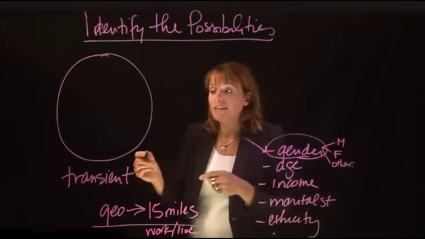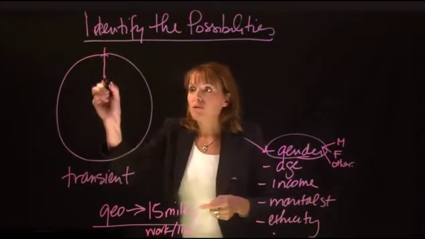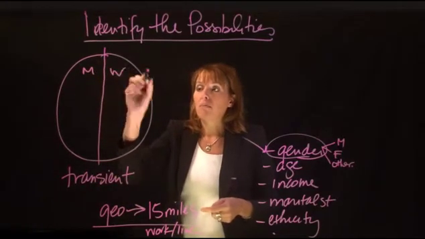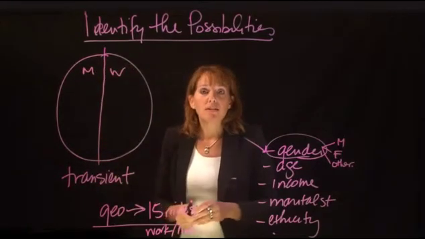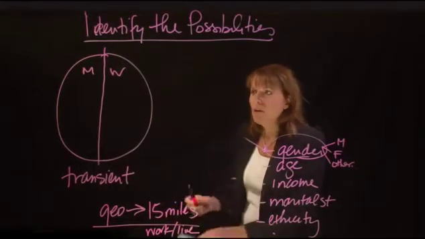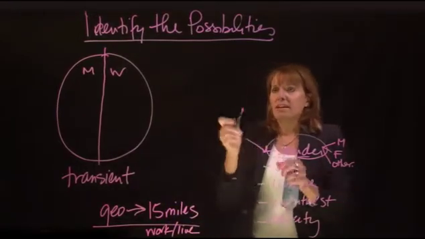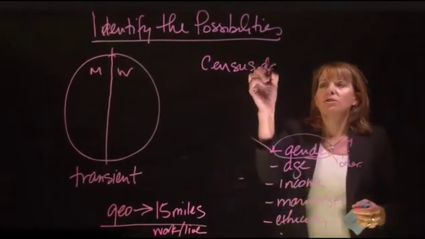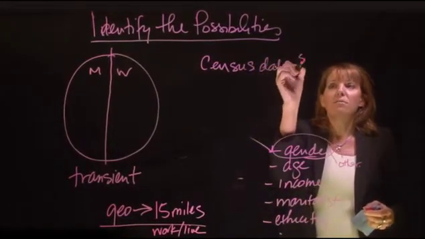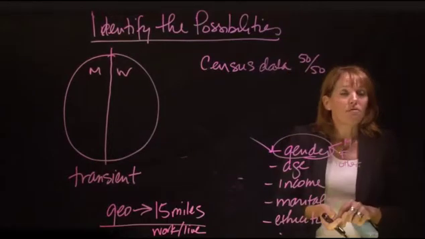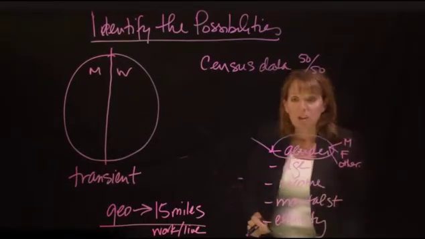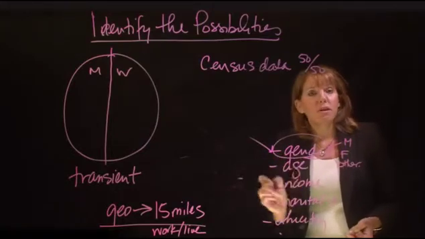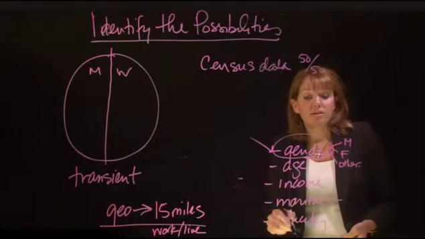So for this market, I know I'm safe to split this market by men and women, approximately 50% of that space. So we used, in that case, census data to support that half of the market is men and half of the market is women.